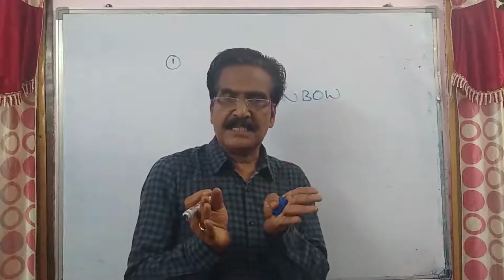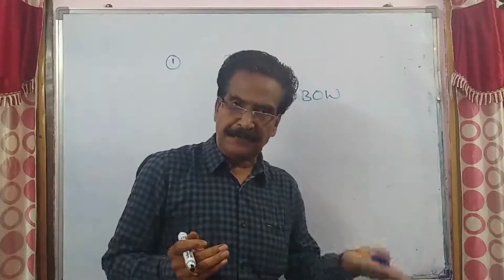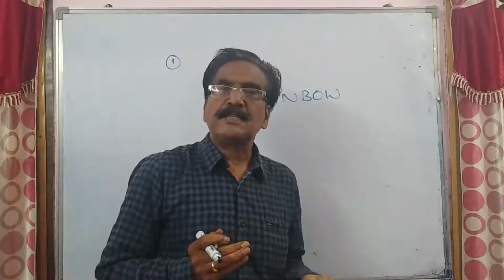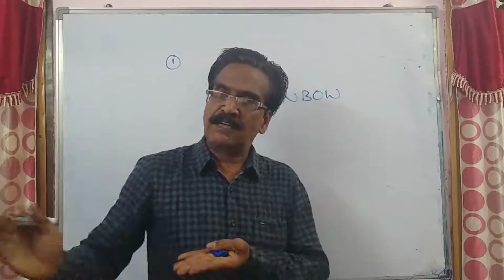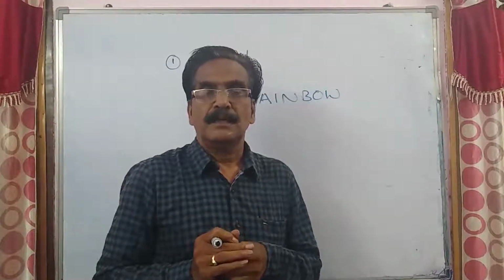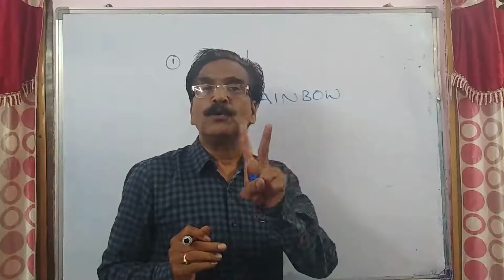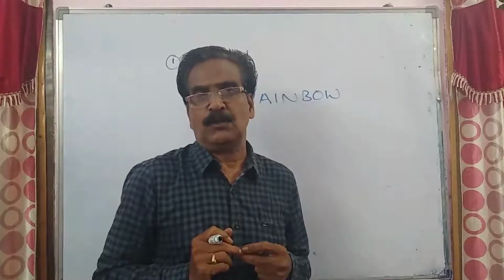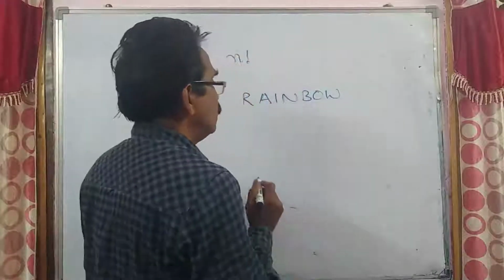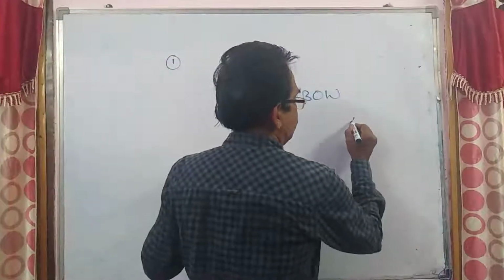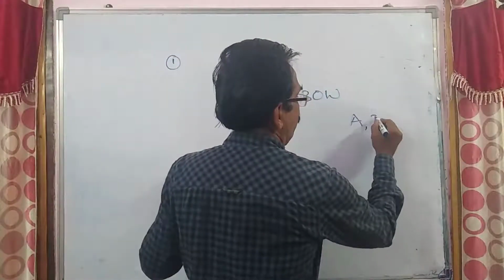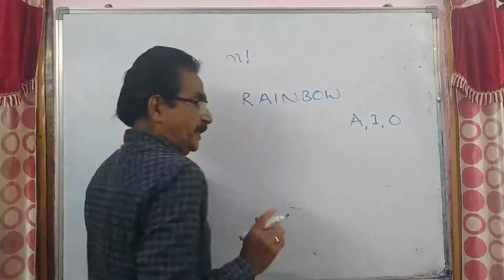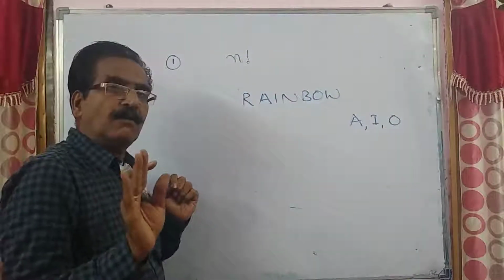Friends, there is a difference between this problem and the previous problem. In the previous problem, all vowels never come together. Here in the present problem, no two vowels come together. So the condition is given for vowels. There is no condition for consonants.